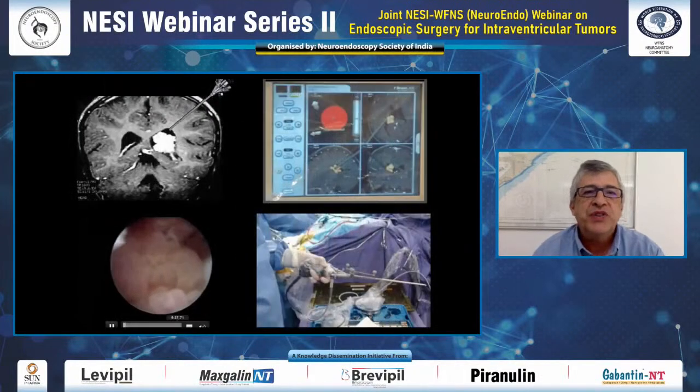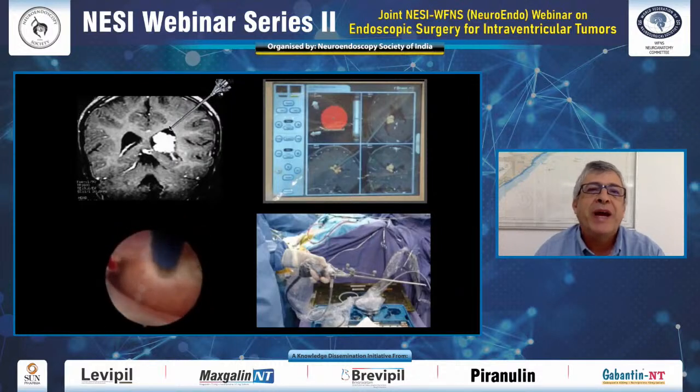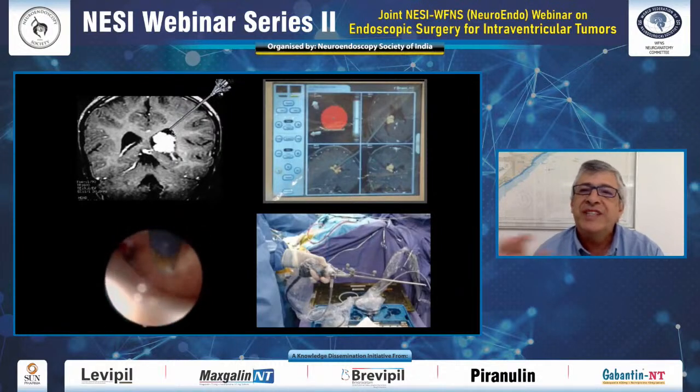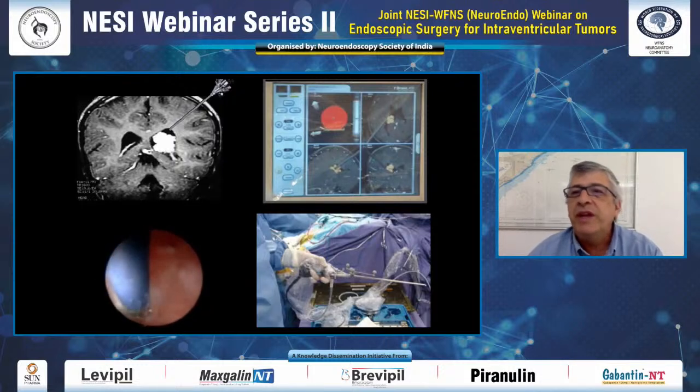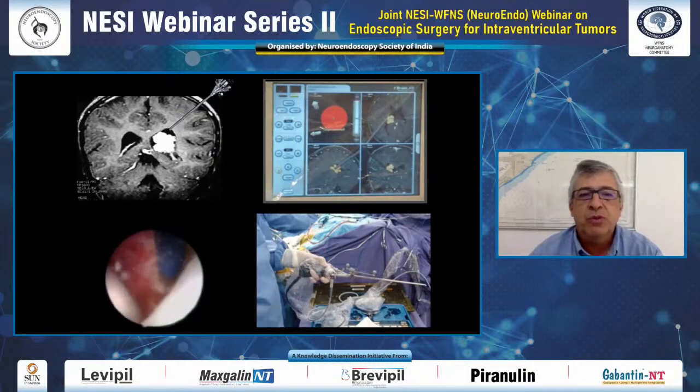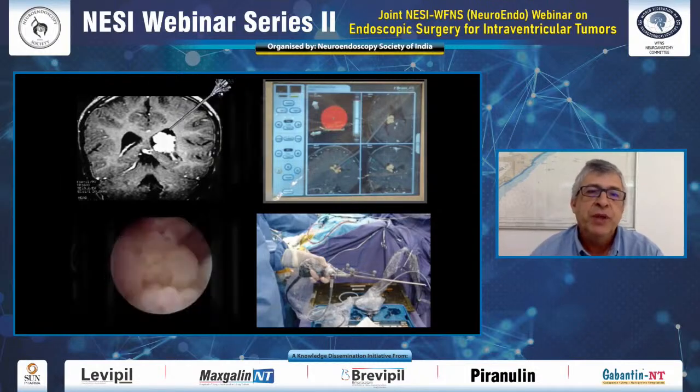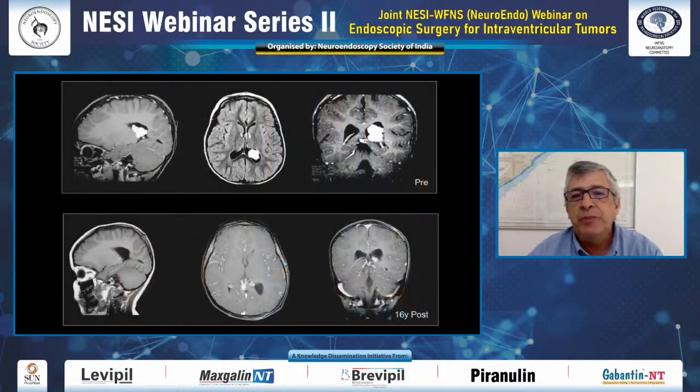So, as you can see, with neuronavigation, you arrive in this place, not to touch the tumor directly, but then when you see the tumor, with coagulation, you can shrink the tumor and try to completely resect this lesion. And you can see here the pre and the post-operative. 16 years later, you have some scar in the ventricular cavity, no growth.